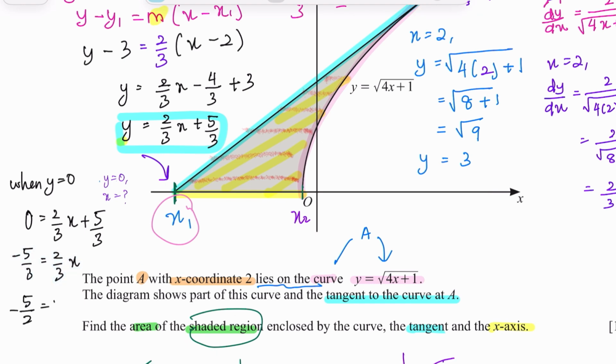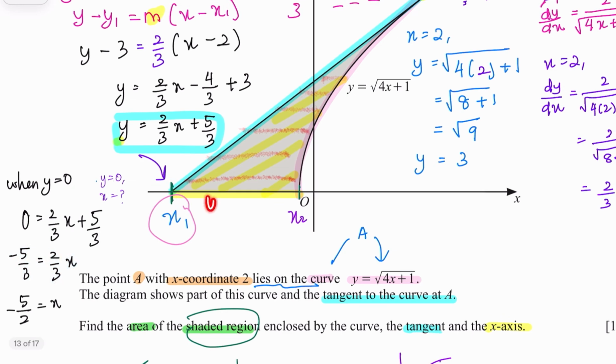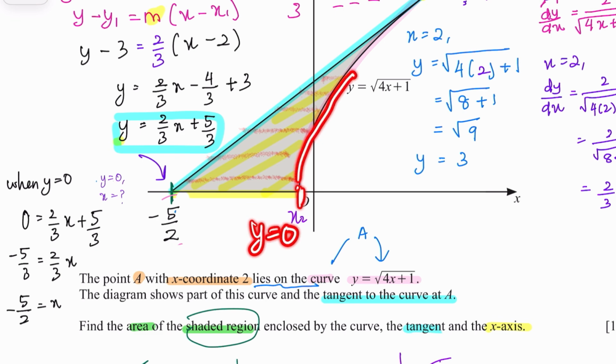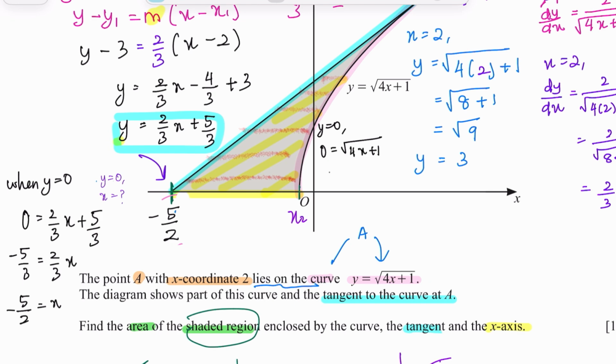So now I know here at this point, when y equal to 0, my x is negative 5 over 2. And I'm going to need this limit. Here, y is equal to 0, but we have our own equation here. So what I can do is just that when y equal to 0, 0 equal to square root of 4x plus 1.